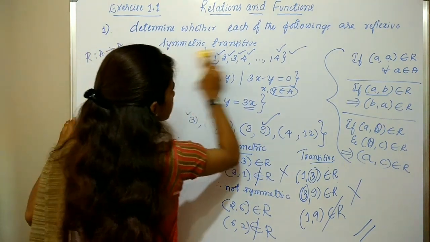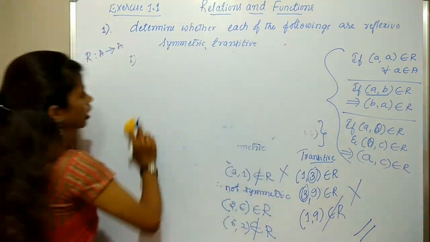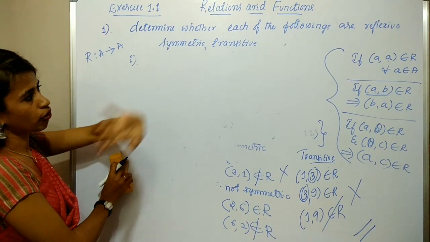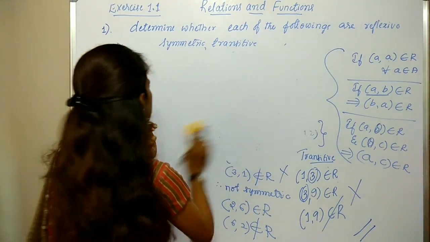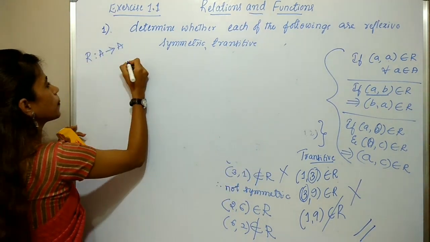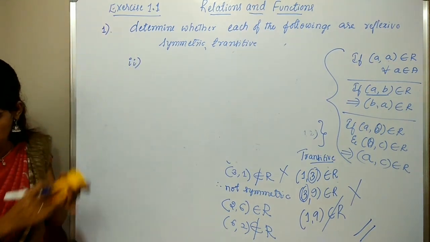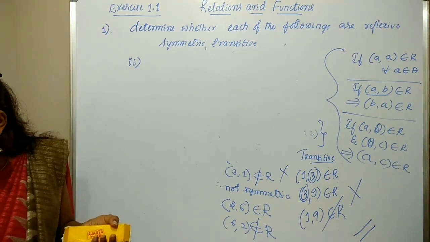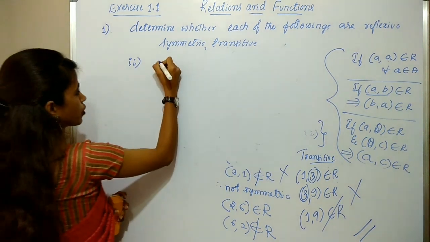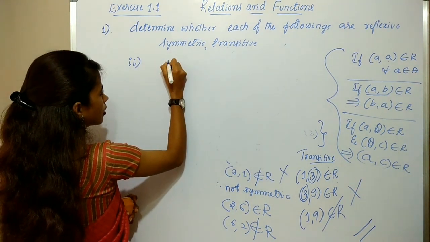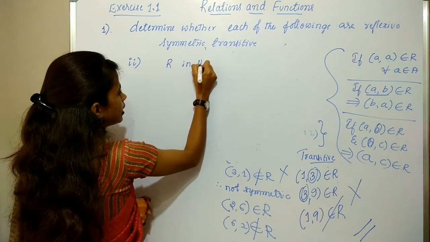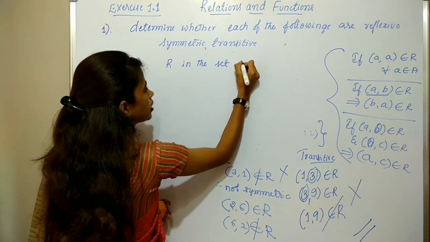Second problem. Under the same question, determine whether each of the following is reflexive, symmetric or transitive. The second problem is a relation R in the set N of natural numbers.